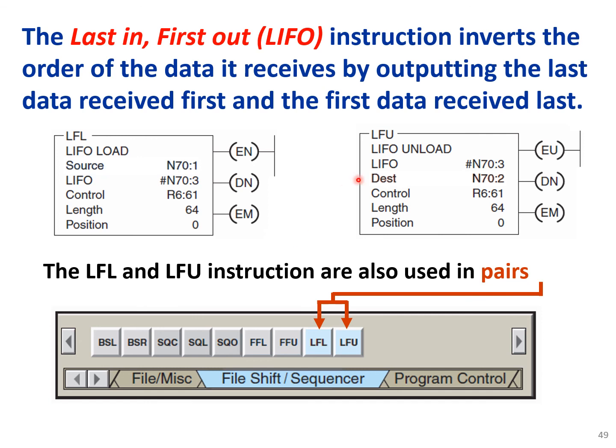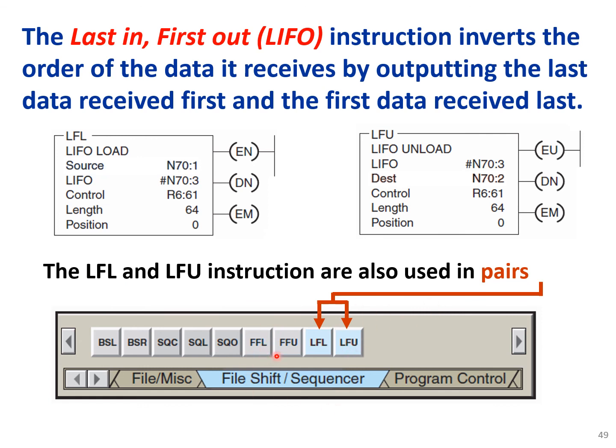And in terms of the addresses, destination and source are very similar. You see that this is for LFL loading and unloading. You have the LIFO type, and this is where we could find the LFL and LFU instructions, both in pair.